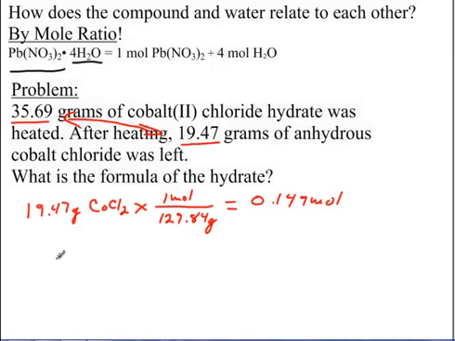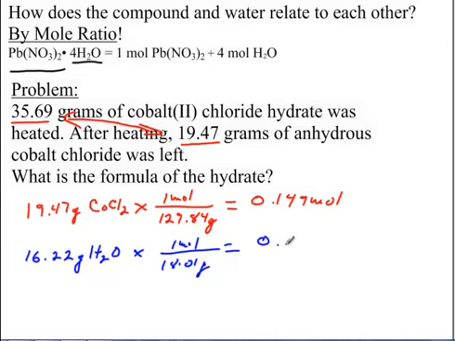When I subtract those two, I get 16.22 grams of water. Then I'll find the number of moles of water. 1 mole of water weighs 18.01 grams, and when I work that out, I get 0.901 moles.